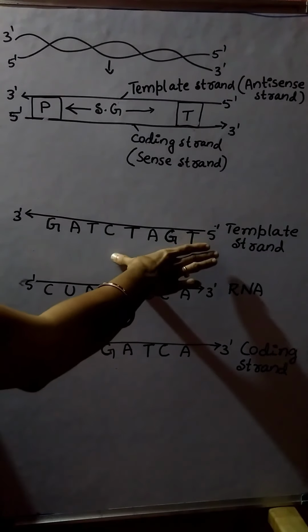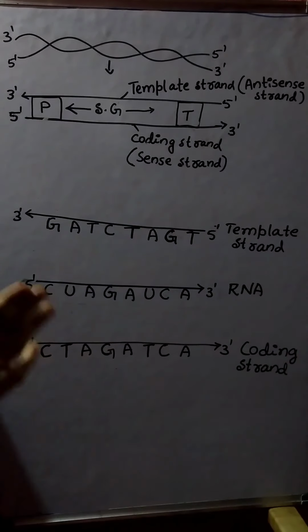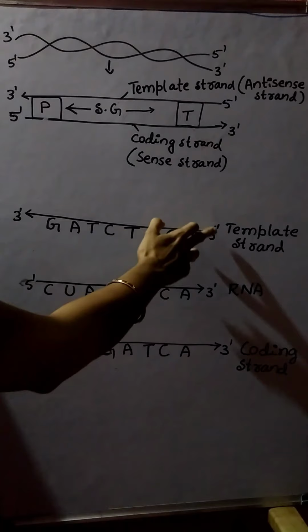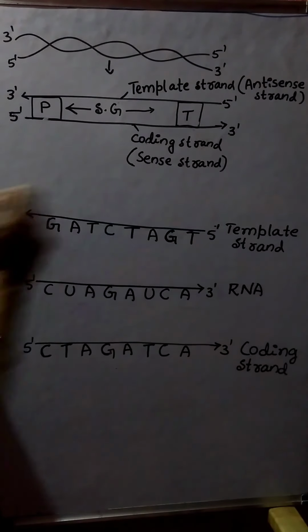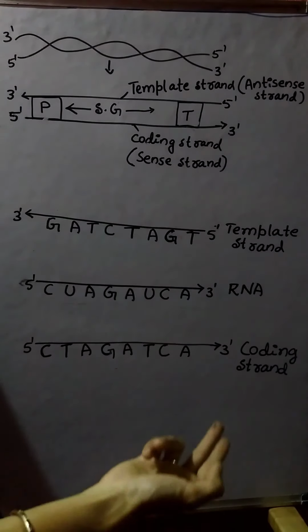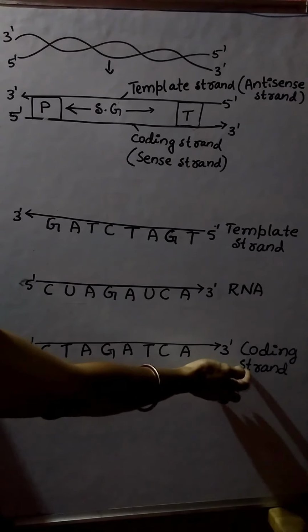Means polynucleotide strand of the DNA having the polarity of 3' to 5'. If we know the base sequence of the template strand, then we can write the base sequence of the opposite strand. Opposite strand means polynucleotide strand having the polarity of 5' to 3'. That is called coding strand.